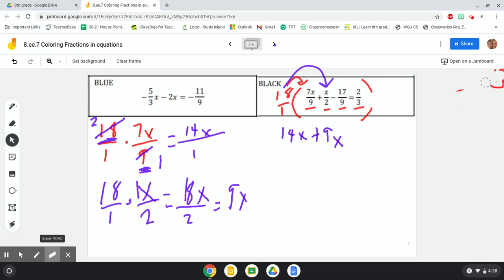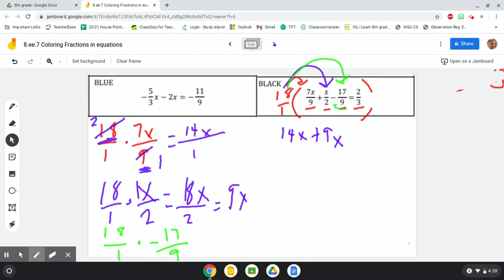And next, I have 18 times, that's a negative, so that negative goes with it. So negative 17 ninths. So I have 18 over 1 times a negative 17 ninths. In this case, since I'm going to have to multiply 18 times 17, I can use a calculator and simplify at the end, but I'm going to try that first strategy that I showed you.